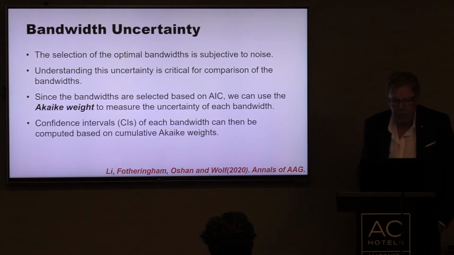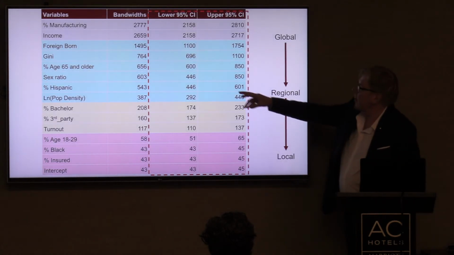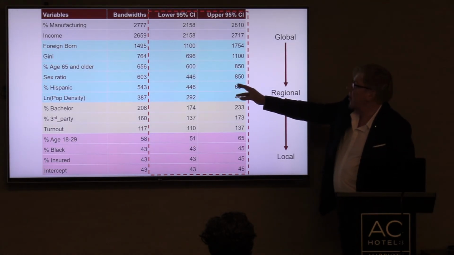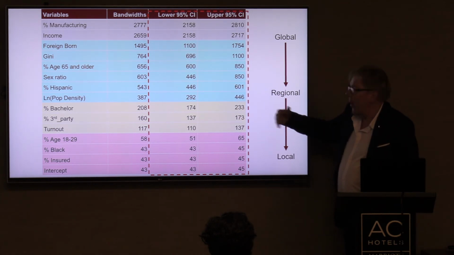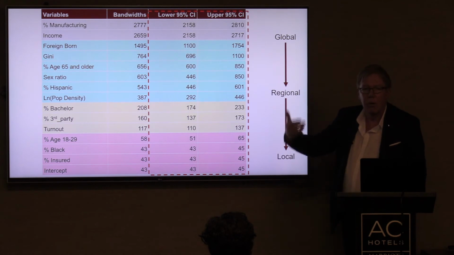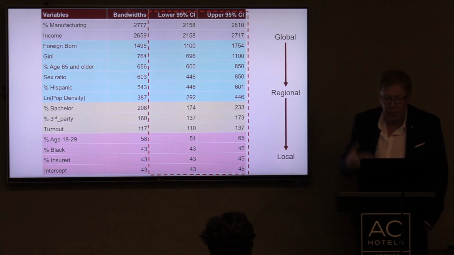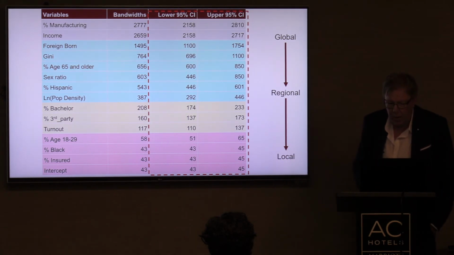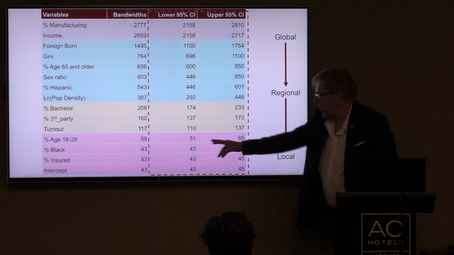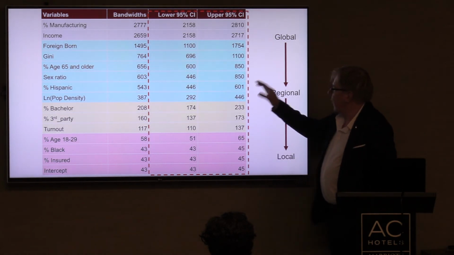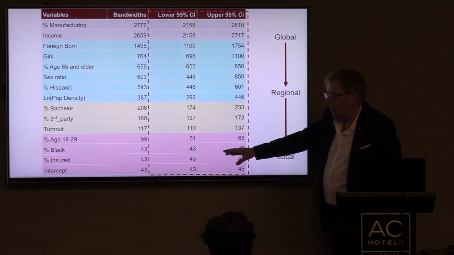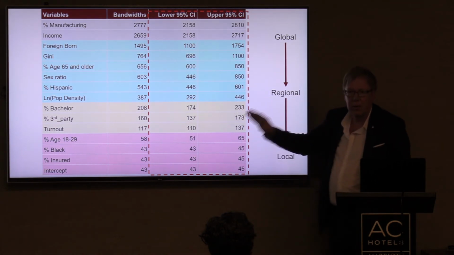So not only can we estimate an optimized bandwidth, but we also get confidence intervals for it. So we can use these to actually say one process is more local than another, and we can do that with a certain degree of confidence. And you can see the confidence intervals are actually quite narrow for these things. So if you're comparing them, you can make these statements that these are regional and these are local. They're very different kinds of processes in terms of scale.